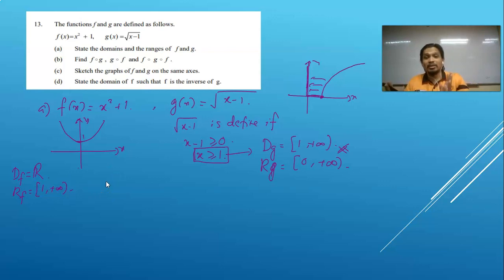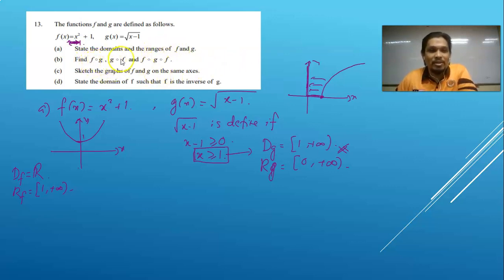I'll take it as general according to the question, unless it's stated here that x is greater than or equal to 1. But because it's not stated here, we assume that it is general. State the domain and range of f and g.